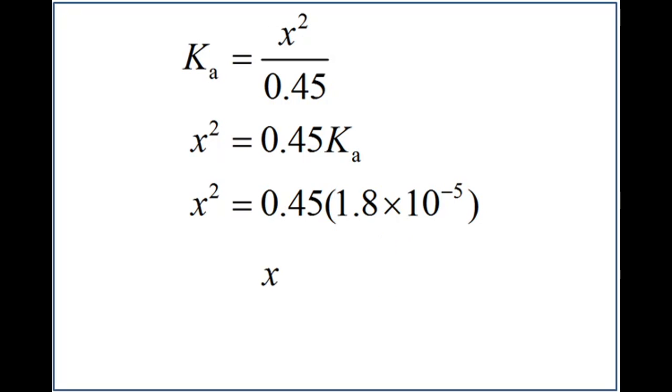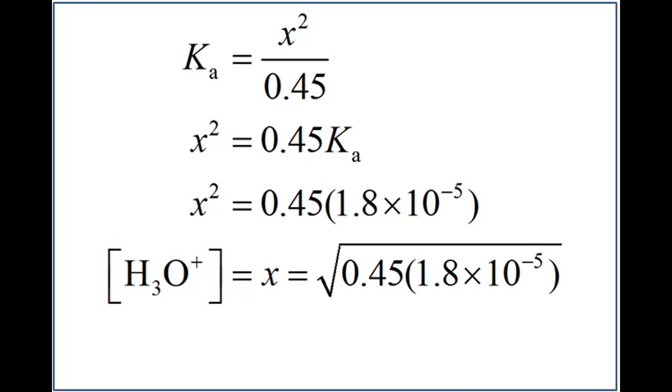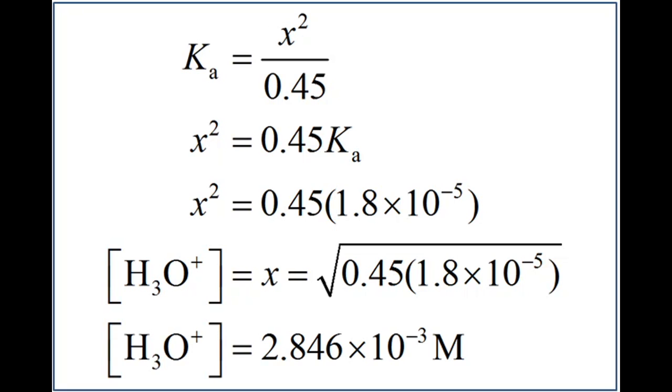So X, which is equal to the equilibrium concentration of hydronium, is equal to the square root of 0.45 times 1.8 times 10 to the negative fifth, which works out to be 2.846 times 10 to the negative third. Since it is a concentration, we use the unit M for molar. This is not the final answer, so we don't round it off to the correct number of significant figures yet.